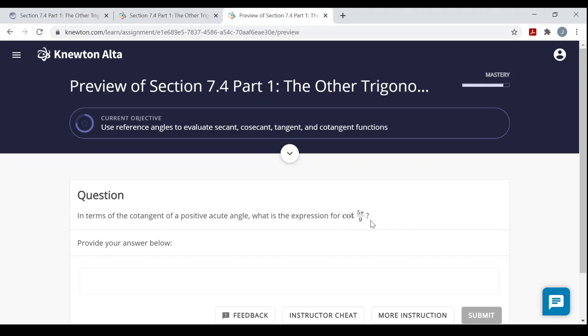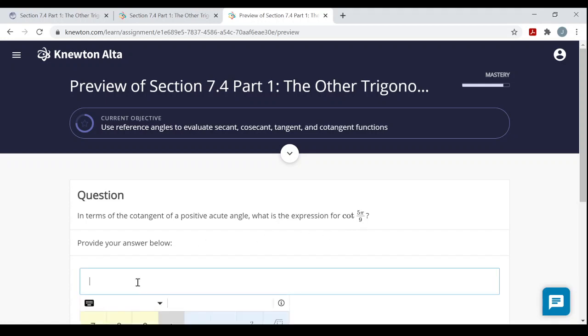Draw that angle, say, hey, what's the reference angle? So this will be equal to the cotangent of the reference angle, 80 degrees, or 4 pi over 9. And then, this angle, when you draw it, would be in quadrant 2. And the cotangent of an angle in quadrant 2 will be negative.